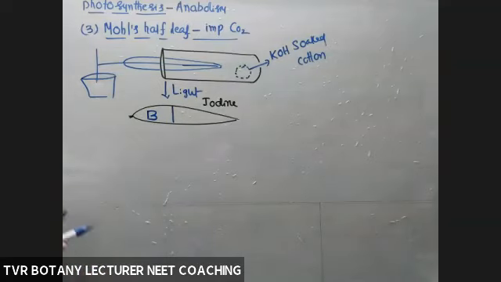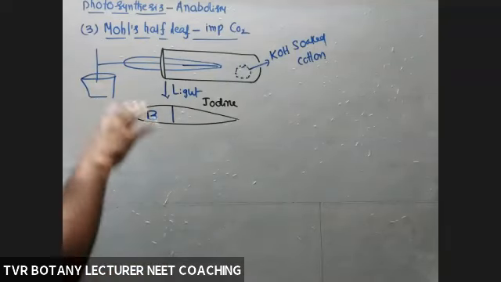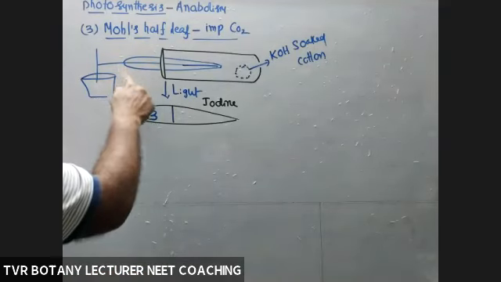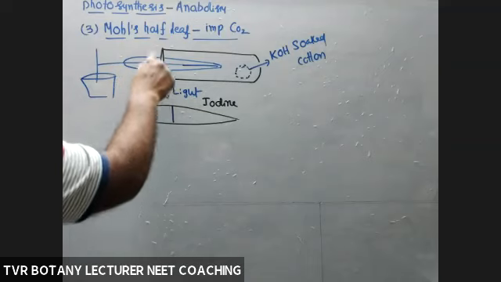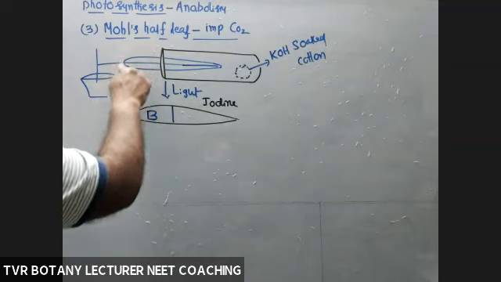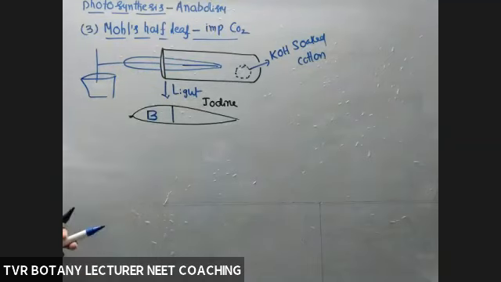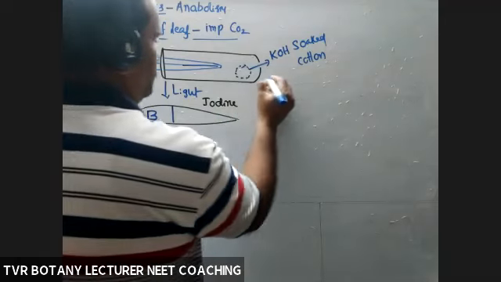In the basal area, all factors are available: light, CO2, chlorophyll. In the test tube, all are available except CO2.